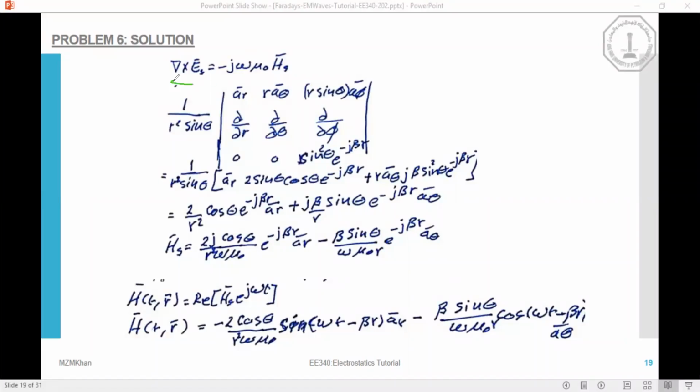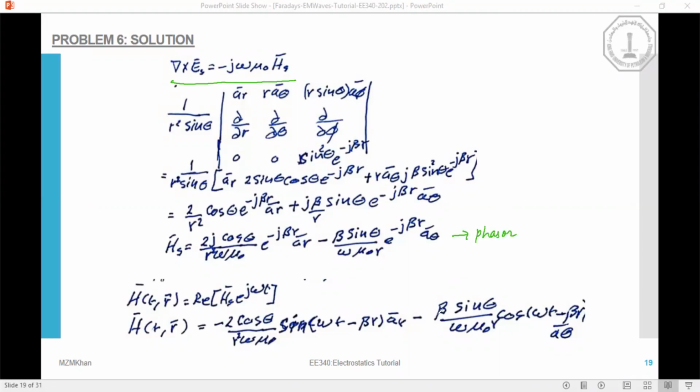That is okay for Cartesian coordinates, but here it's spherical coordinates, so it's better if you use Maxwell's equation, which is del cross E bar equals j omega mu naught H. So here you substitute your E, get the left hand side, and then equate it to the right hand side. This is your answer. Then you need to find the instantaneous form, because this is in phasor form.